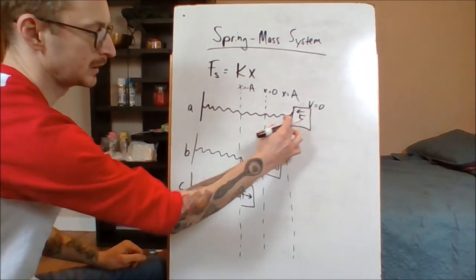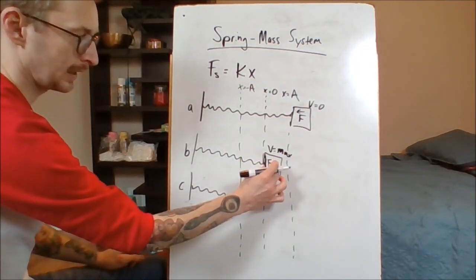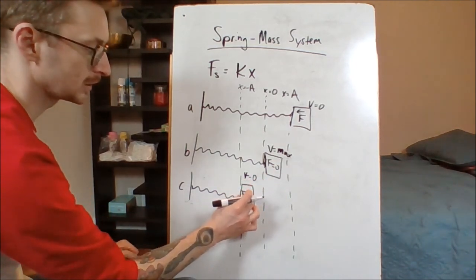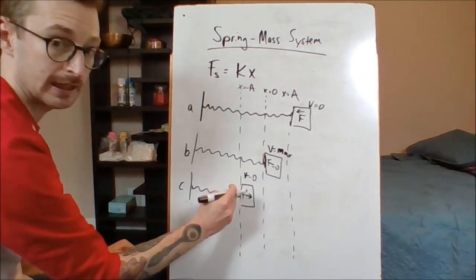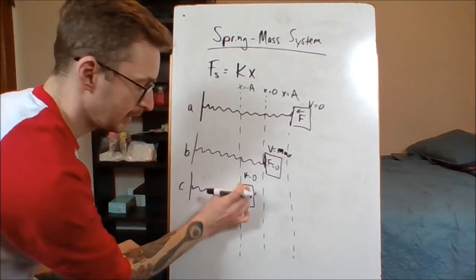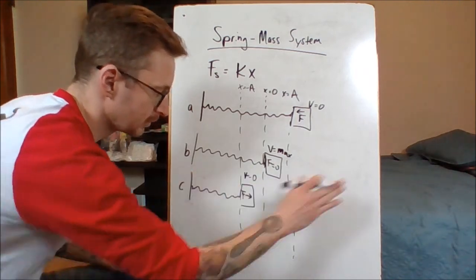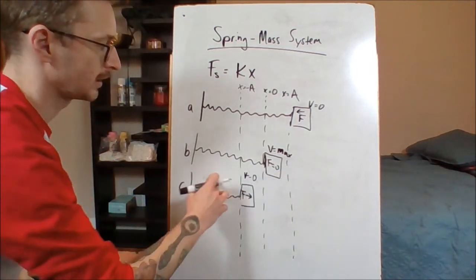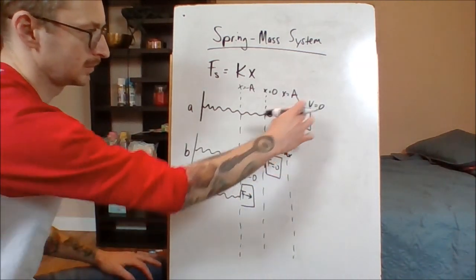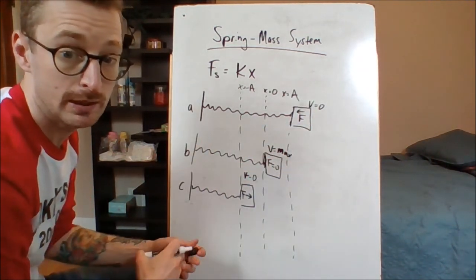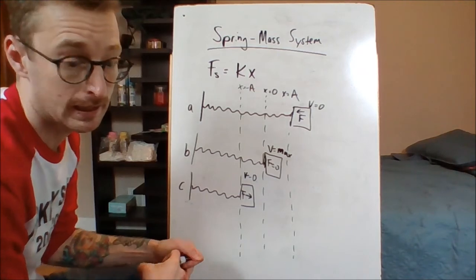So it goes from 0, speeds up to the point where it's the fastest, goes past the equilibrium point towards negative A, slowing down till it reaches negative A. That's when it would stop momentarily, instantaneously really, and then start moving back towards positive A. It would just keep going back and forth between A and negative A.